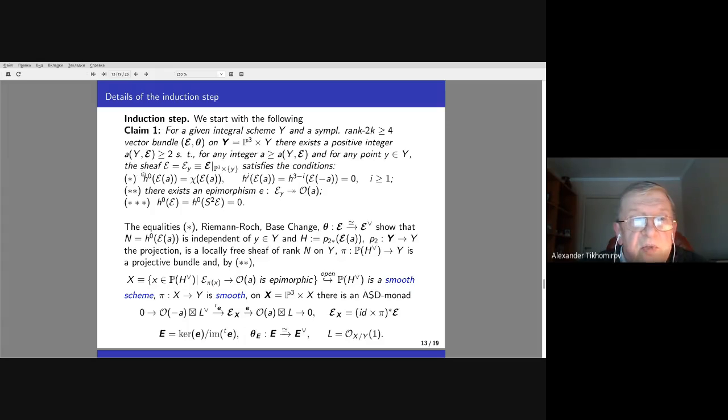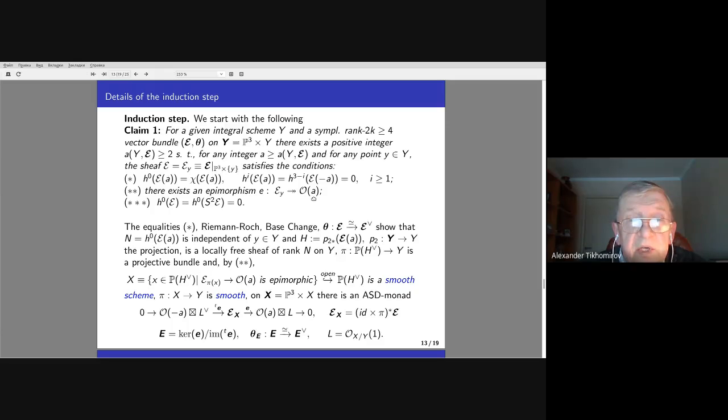So H0 will then coincide with the Euler characteristic of E(a). What about an epimorphism? The second condition is that we can always achieve an epimorphism from E_y to O(a) when a is big enough. This is true for rank 4 bundles.